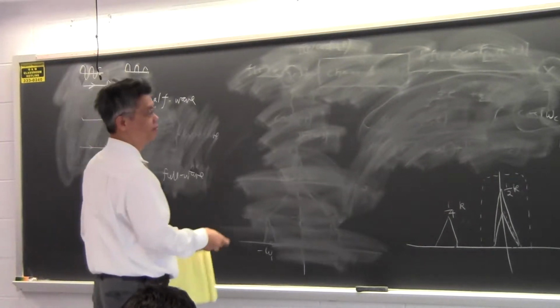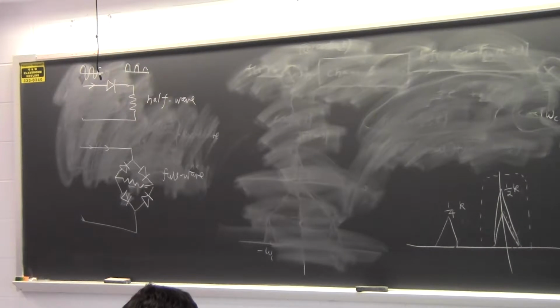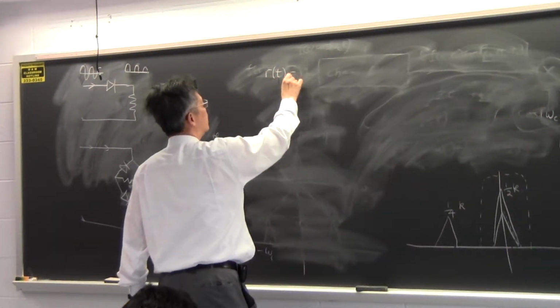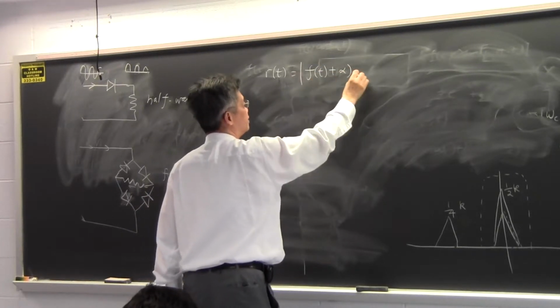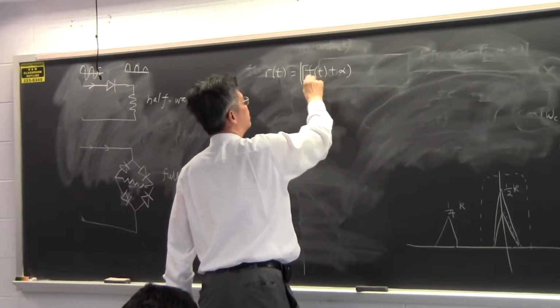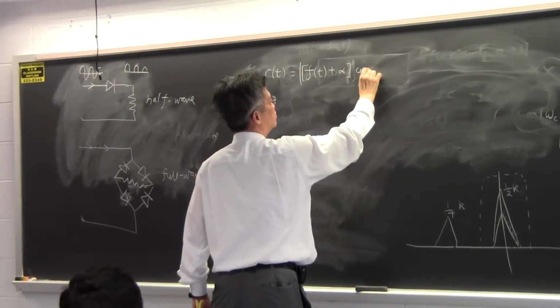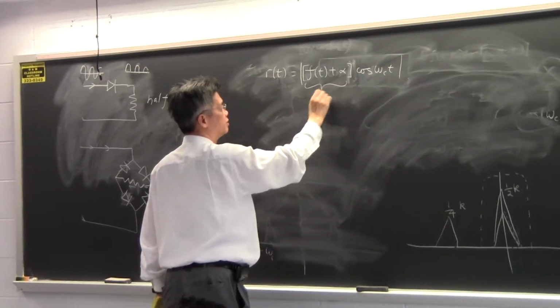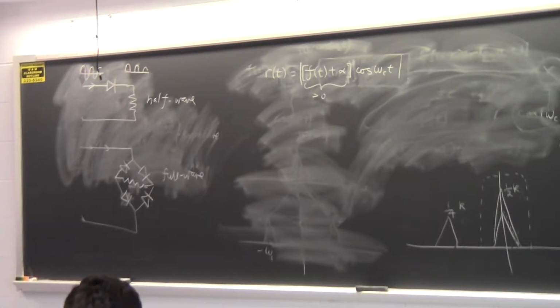So the math goes something like that. At this stage, the received signal that you have is the magnitude of f of t plus alpha, times cosine of omega c t. But the first term is always positive by design. You elevate it with a platform so that it's always positive.